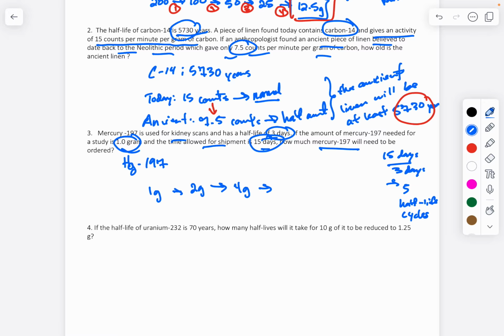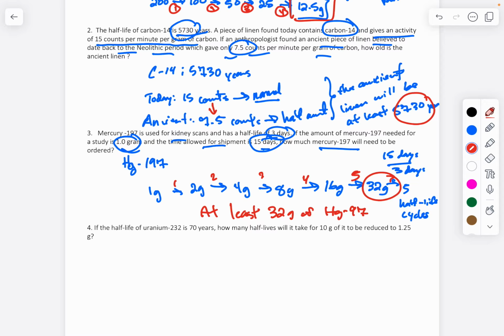So that's 1, 2, 3, so I need more, so 8 grams, then 16, and then 32. That's 1 cycle, 2, 3, 4, and 5 cycles. So you need at least 32 grams of Hg-197 to have at least 1 gram left. So probably ship like 50 or 100 grams. That'd be good.